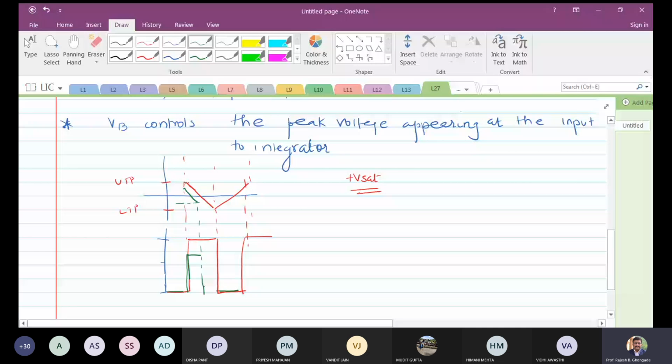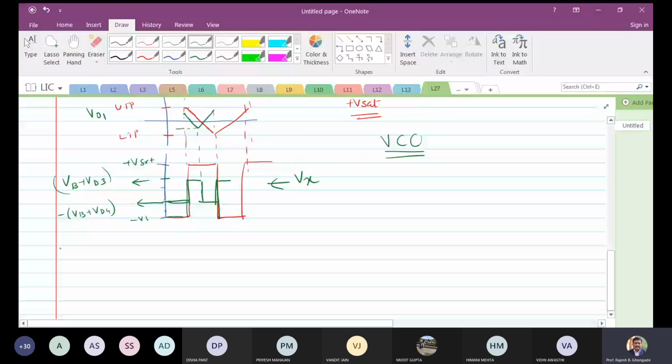We want to have a VCO whose frequency is adjustable, or the range is between 400 hertz to 1 kilohertz. So this is the output frequency range.